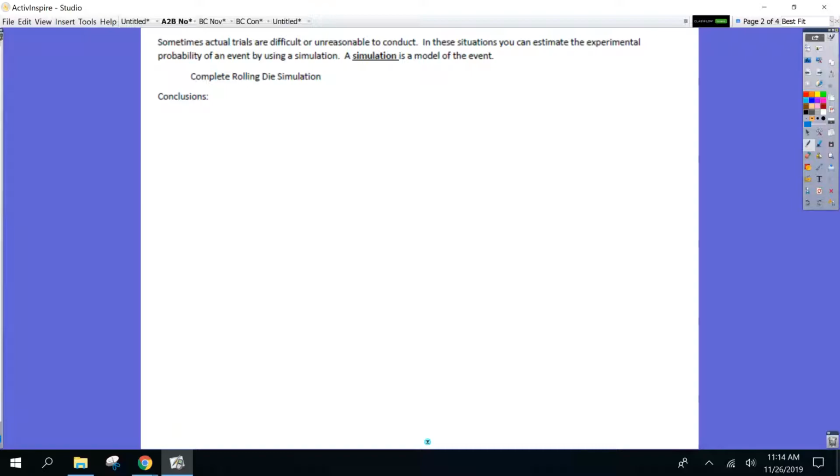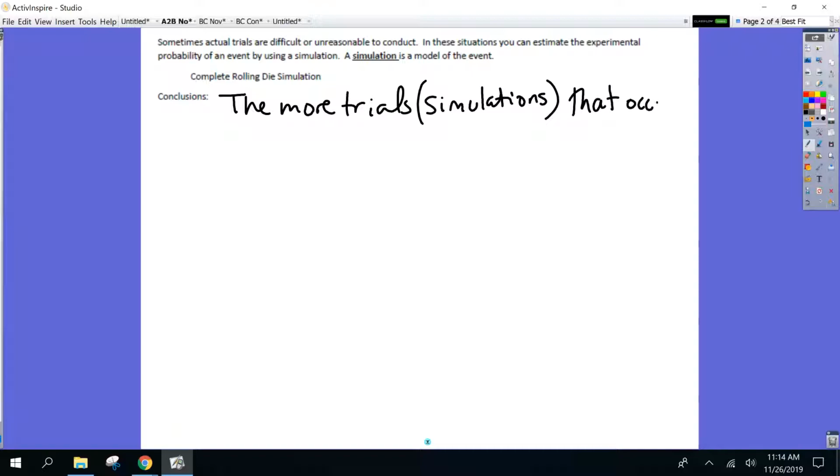Okay, so what we just found out: the more trials, you can put simulation in parentheses, the more trials that occur, the closer the experimental gets to the theoretical.